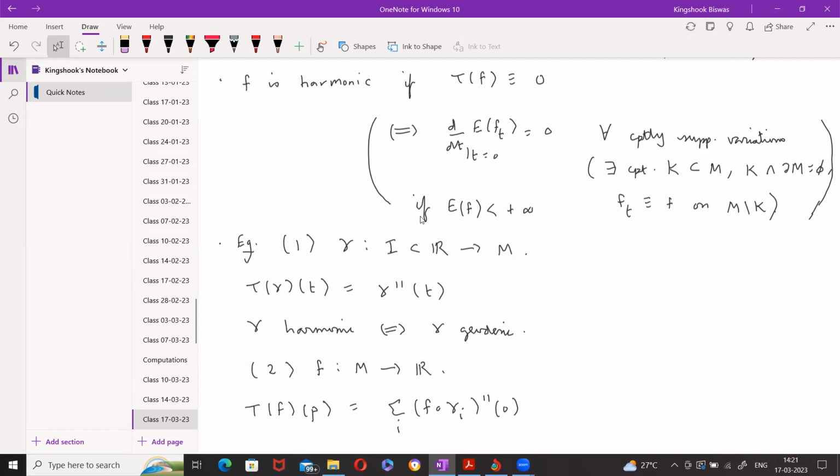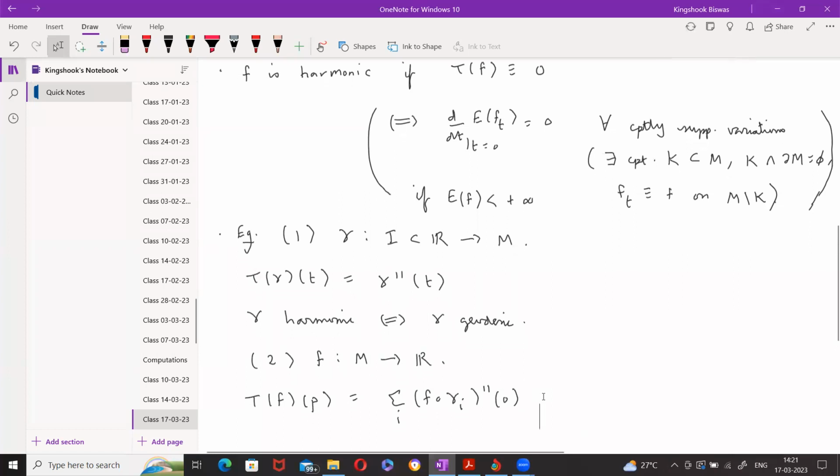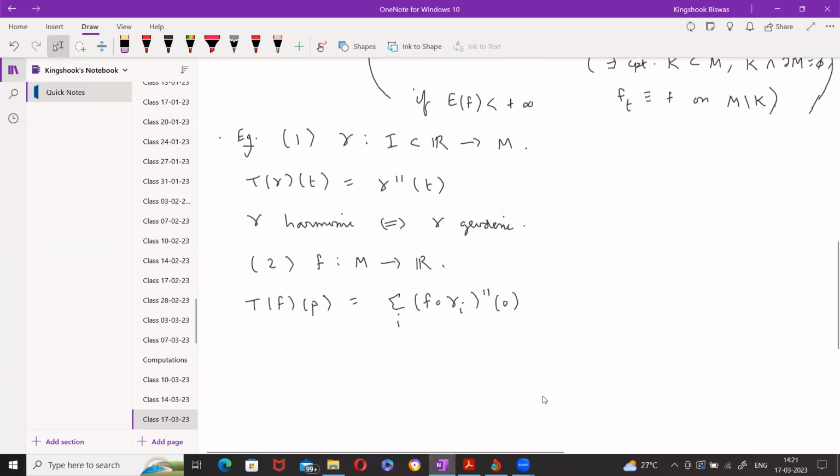But we know that for a function, its second derivative along geodesics, f composed gamma i double prime, is nothing but the Hessian. So this is just nabla squared f (e_i, e_i), right?